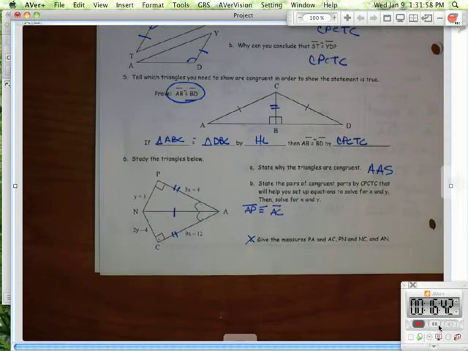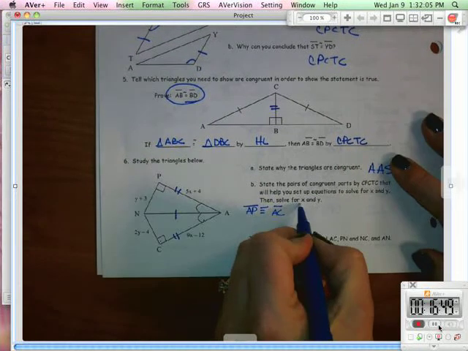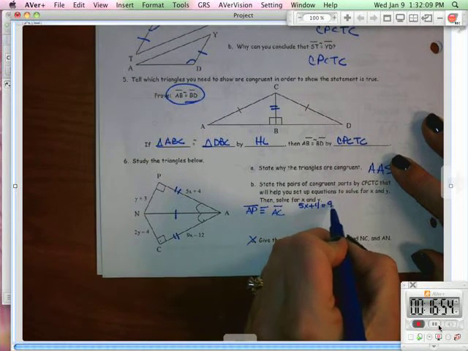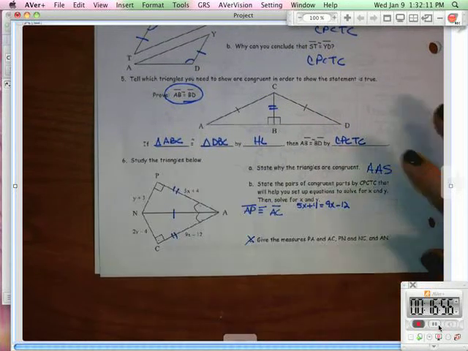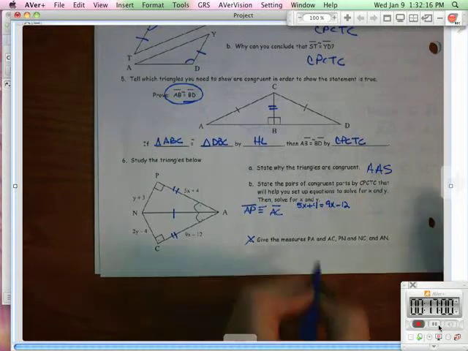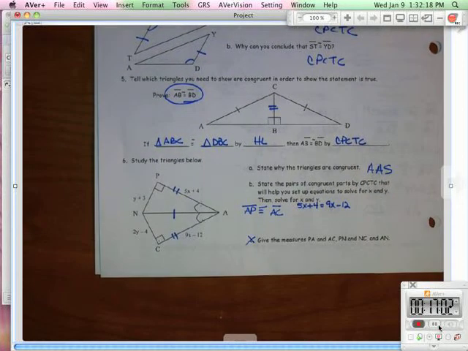I can say that because of CPCTC. If I can say that, then look what else I can say. 5x plus 4 is congruent to 9x minus 12. And we get to use all our favorite algebra to solve for x.